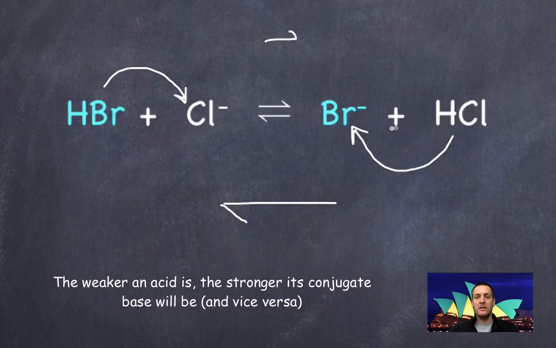On the other hand, if HCl is a strong acid, that must mean that its conjugate base is very bad at accepting H+ ions, or in other words, it's a very, very weak base, which means that it's not going to take H+ ions away from HBr, and the forward reaction isn't going to happen very much.